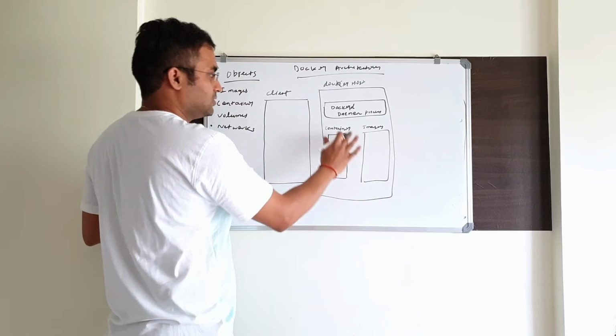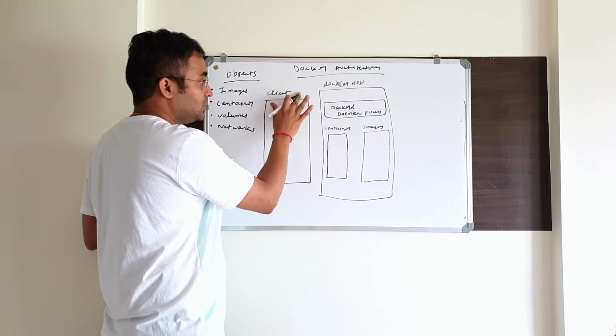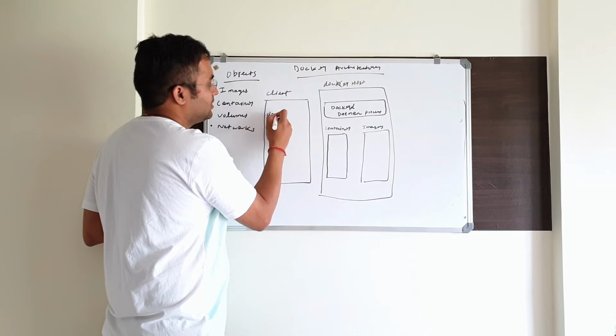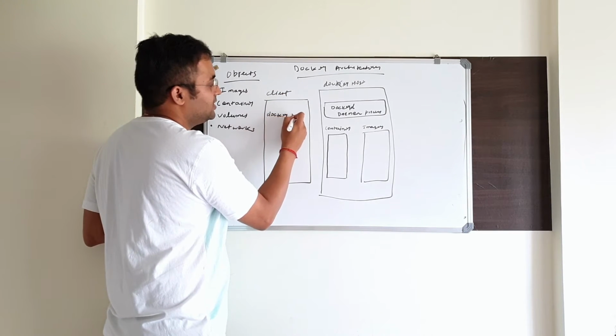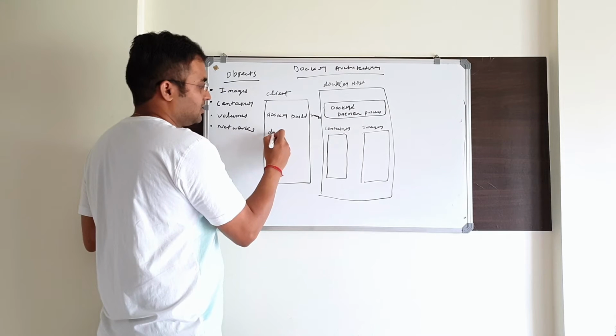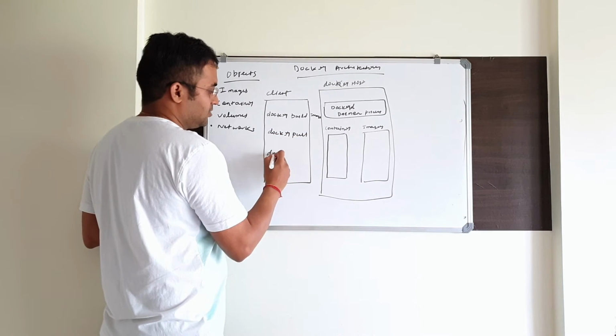This is performed by certain operations that we pass from the CLI client, like docker build images. Then after building, you can pull the images and you can run the images.